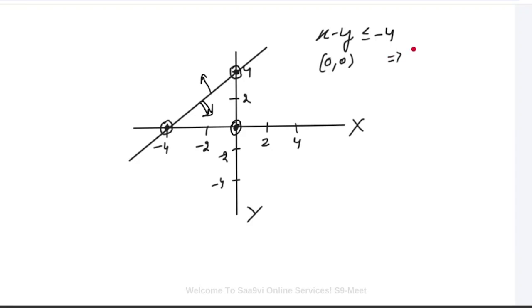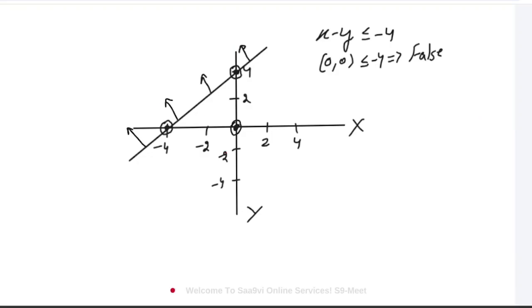No, that is not right. That is false, because 0 is greater than -4. That means this region will not get included. The region we are going to have is on the left hand side of the line, away from the origin. So this area will not be covered.